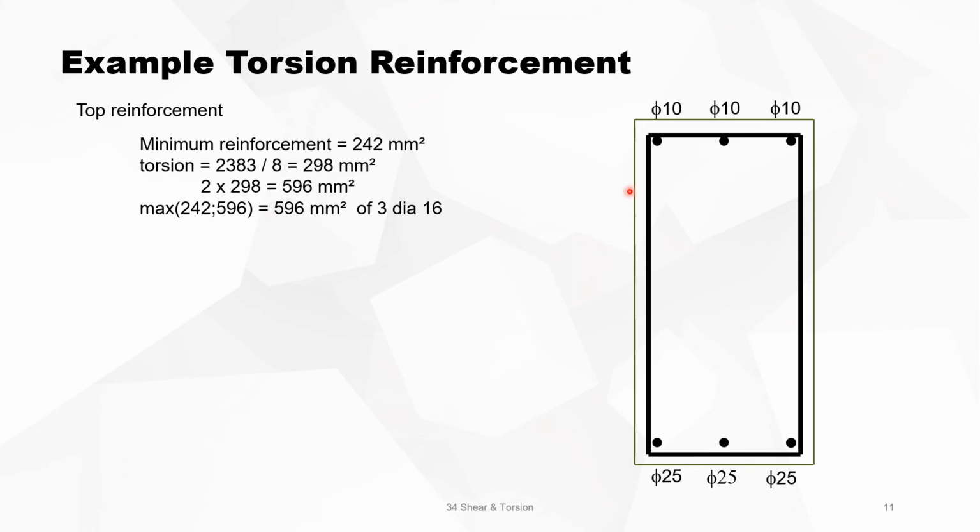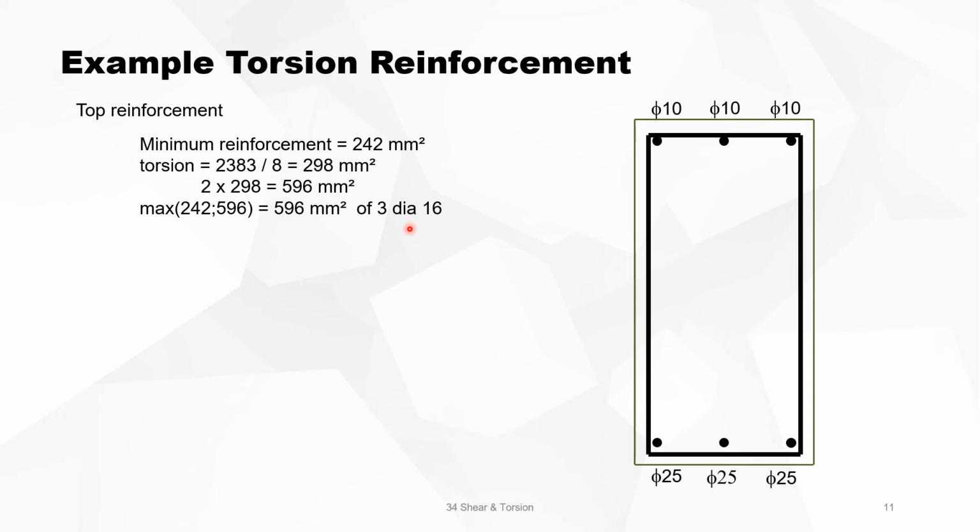So for the top reinforcement, we need for torsion 2 times 300, which is almost 600 square millimeters. But already available is 3 diameters 10. So we take the maximum of the 3 diameters 10 or the 596, and it gives me 596, so it's 3 diameters 16.